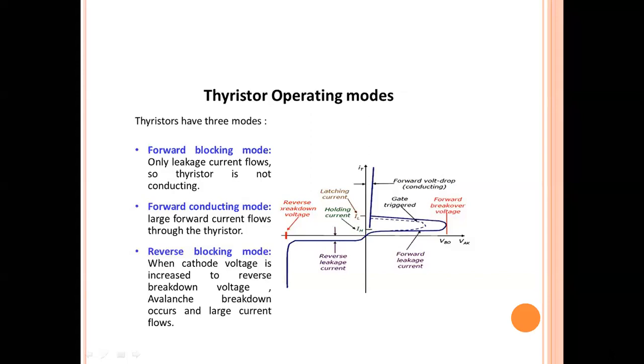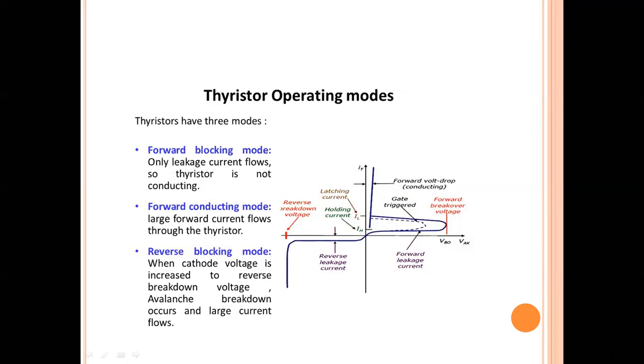As junction J2 is reverse biased, you only have a small amount of minority charge carriers drifting from the N layer to the P layer. That drifting of charge carriers may be considered leakage current. This leakage current is in terms of milliamps, could be 2 milliamps, 3 milliamps, or 5 milliamps, like that.